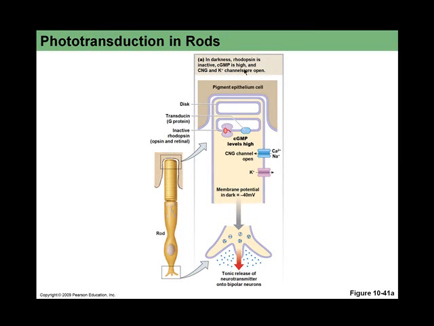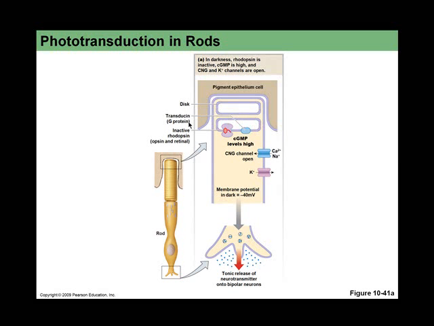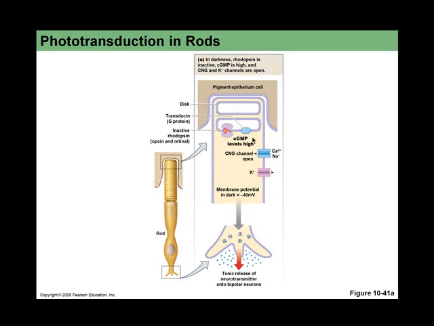And the cyclic GMP levels are very high, so the transducin protein is a G protein that is keeping the enzyme activity high to take GTP and make cyclic GMP, so those levels are really high.